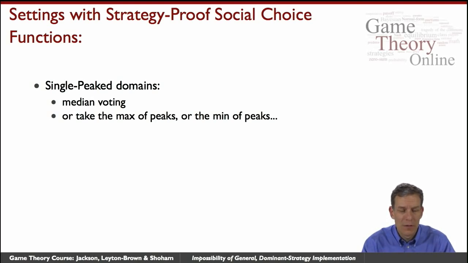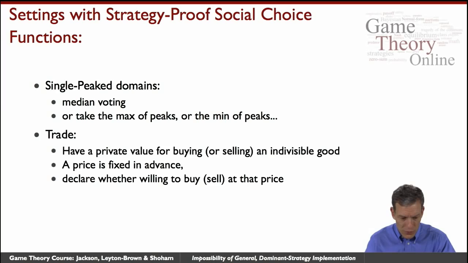Instead of median voting, have maximum voting, so whoever has the maximum peak, or the minimum peak, or any order statistic. So single peak domains are settings where we've limited the set of preferences, so not any ordering over candidates is allowed any longer. And once you do that, then it's easier to design strategy-proof rules.